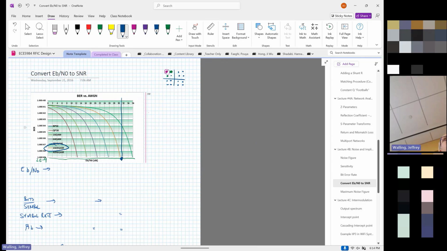But these waterfall curves are never plotted as SNR. They're plotted as Eb over N0, which is the SNR per bit. So this will tell us what the Eb to N0 is.